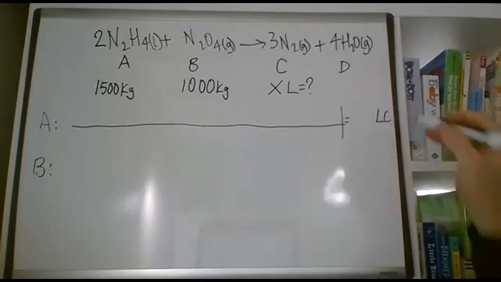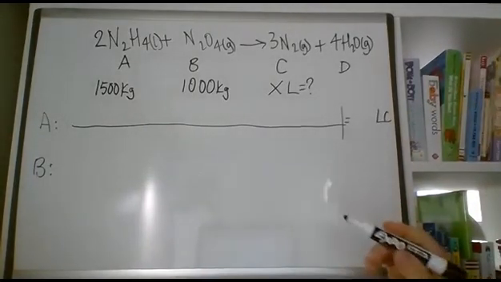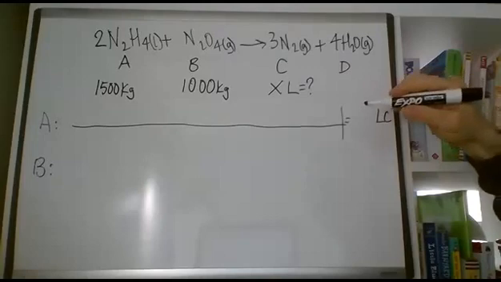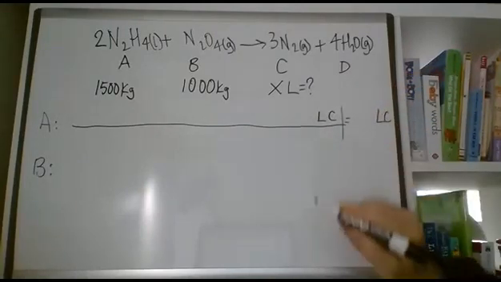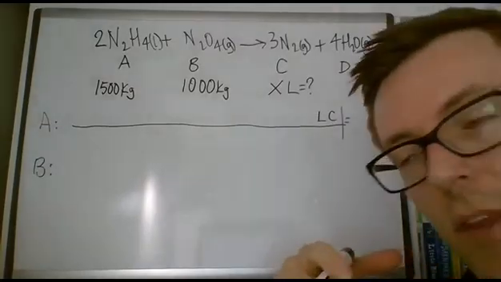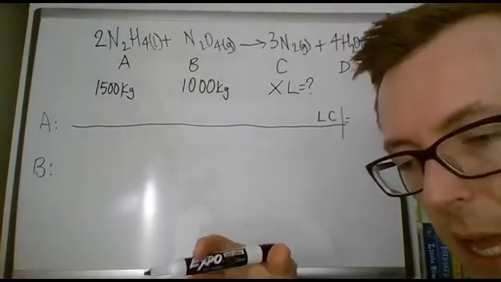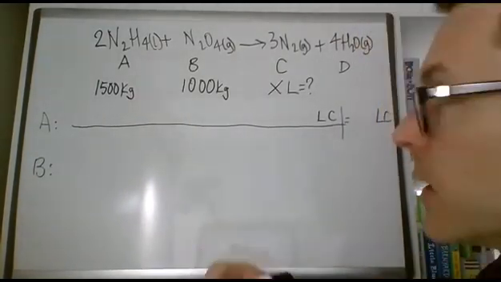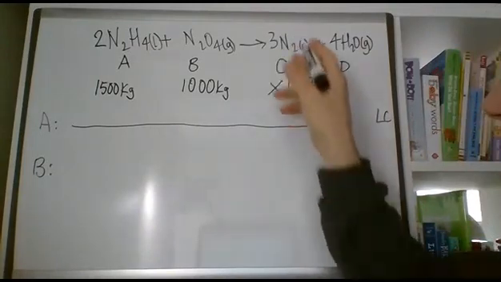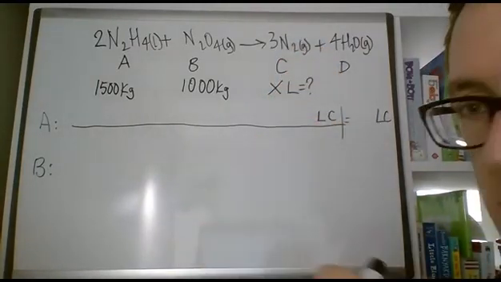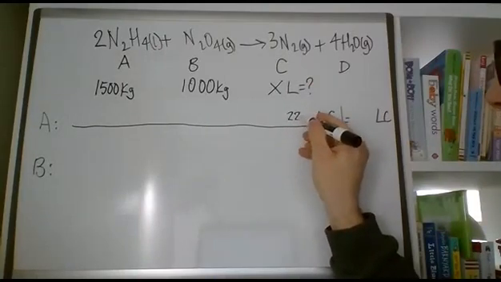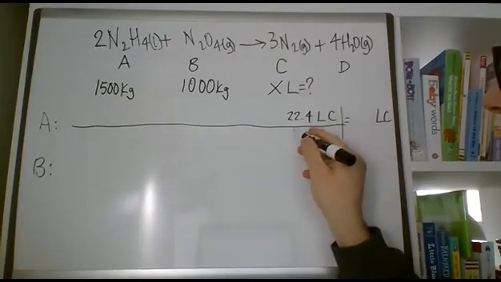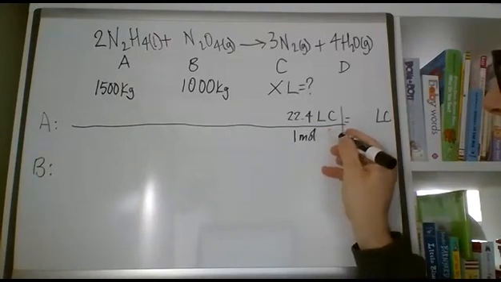Liter of C. Okay, so we have liter of C, so I'm going to write liter of C here. And there's a law that we'll cover in class, but we're seeing for the first time now, that says that for any gas, at least any gas that we see in Chem 65, 22.4 liters of that gas is exactly equal to 1 mole of that gas.